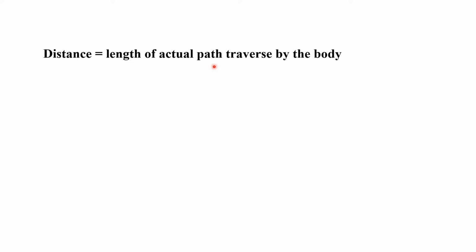Next, distance is equal to the length of the actual path traversed by the body, that is, the total length of the path travelled by a body is called the distance. So that is equal to APB, that is pi r. Here for a complete revolution, distance is the circumference of the circle, that is 2 pi r. For half revolution, 2 pi r by 2. 2 gets cancelled.